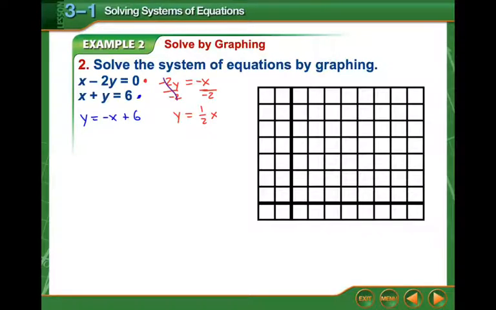Now we're ready to graph. So for the red one, our y-intercept is 0. Our slope is 1/2, so we go up 1 to the right, 2. And down 1 to the left, 2. Connect our points, and there's our line. For the blue one, y-intercept is 6.